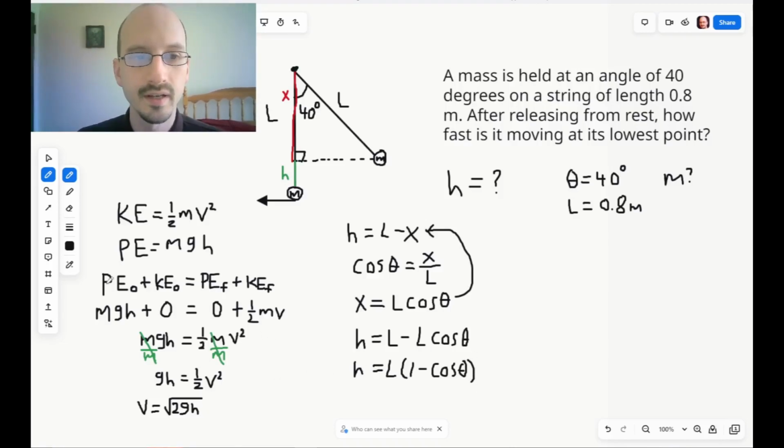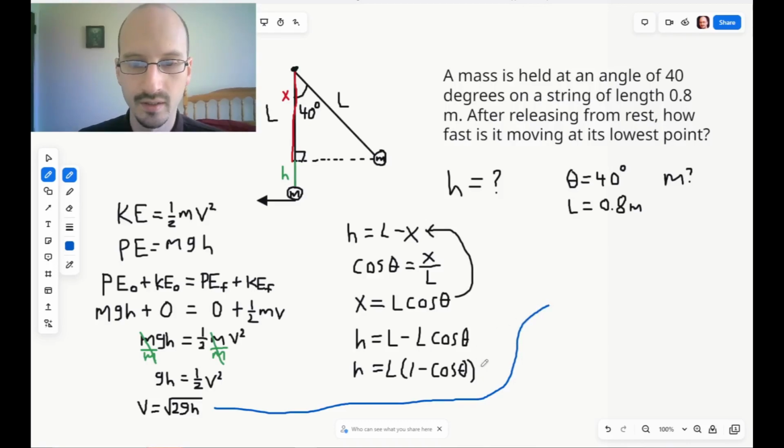Okay, now it's time to bring everything together. We've got v equals the square root of 2gh, and we've got h equals L times (1 minus cosine theta). So that gives us the final expression.